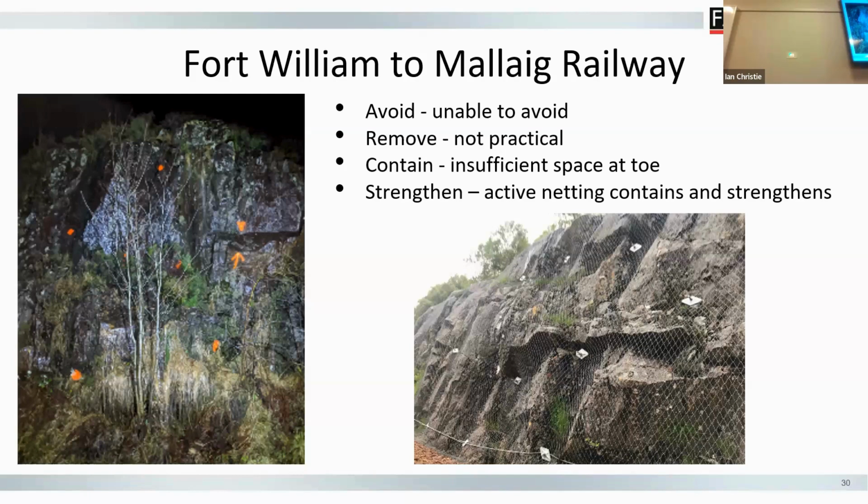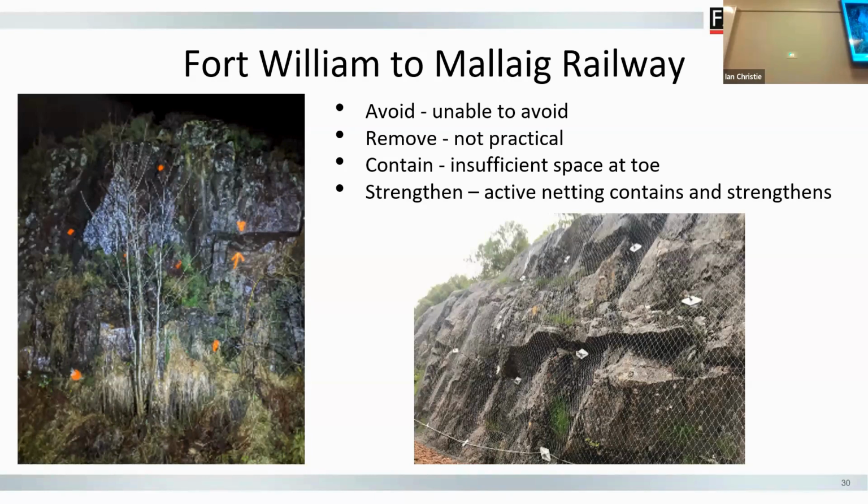So we're going to have to strengthen these hazards, prevent them from failing in the first place, and hold them up there on the slope. Yes, we could put in probably hundreds of reinforcement dowels. That would have dealt with most of the hazards, but it would have looked pretty ugly, been a lot more expensive and timely to build, with a lot more drilling involved.